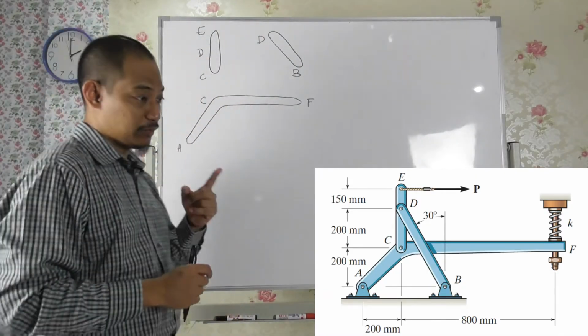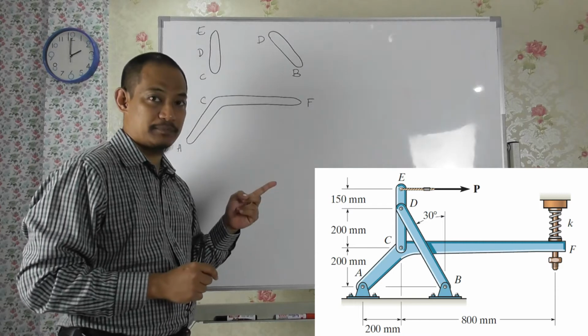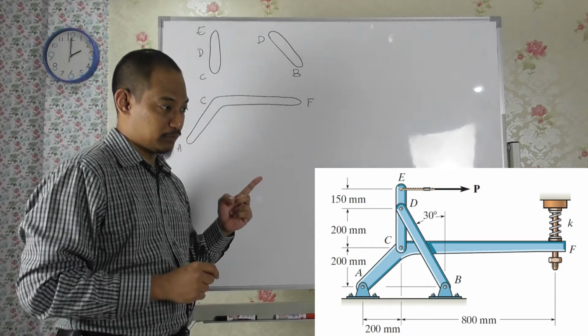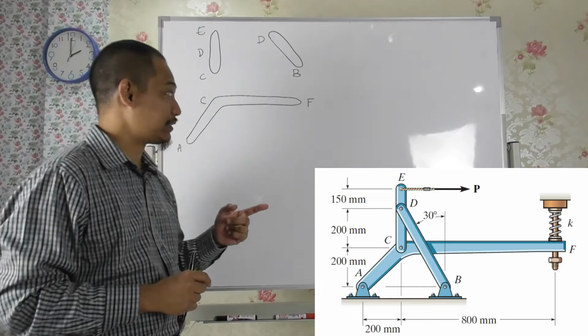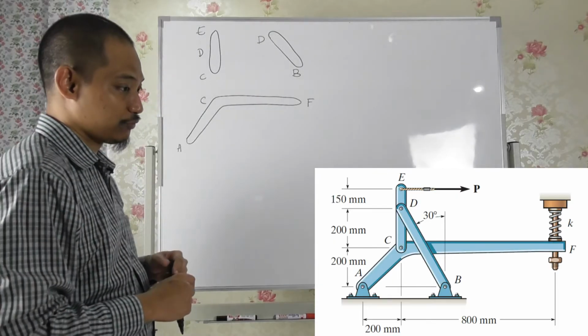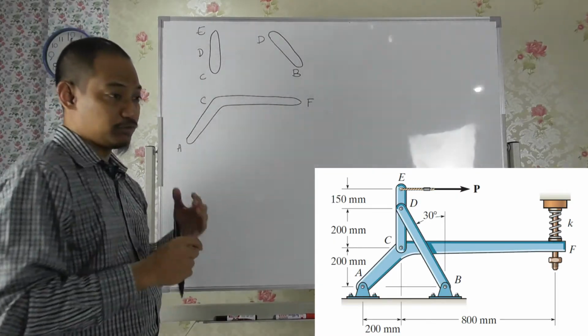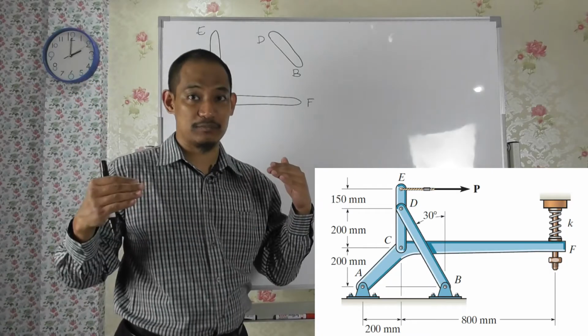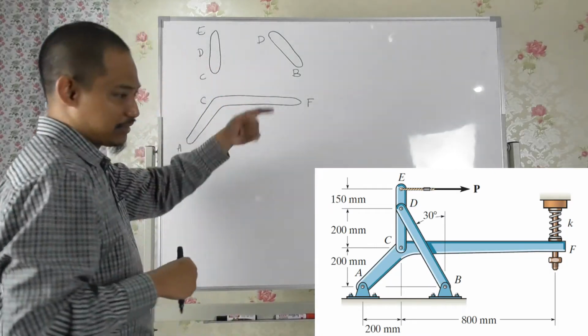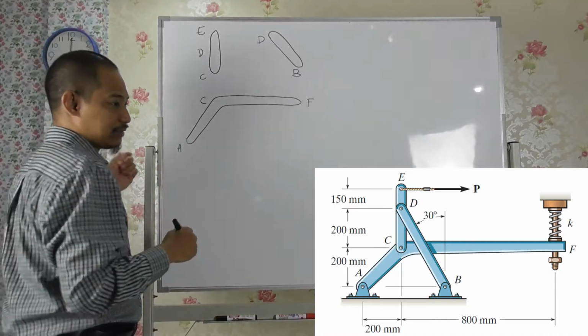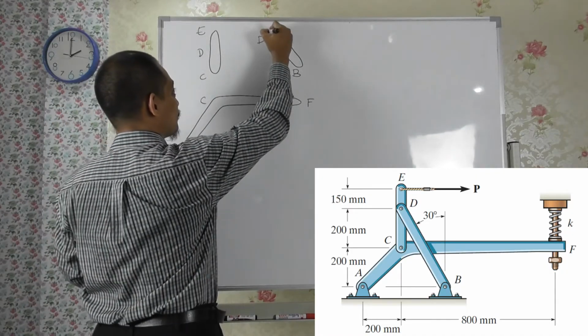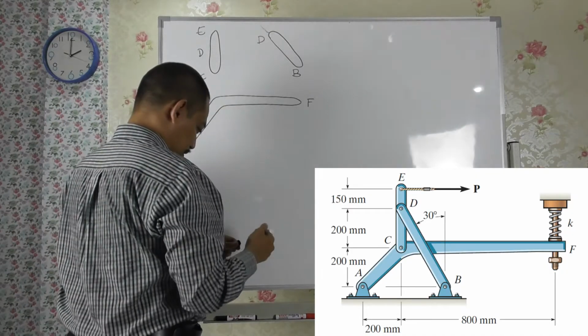In this case, hopefully you can identify that there is one member that is a two force member, which is member BD. If it is a two force member, it's either in tension or compression. In this case, logically, if you can imagine, it tends to be in compression. Oops, okay, this marker is out.